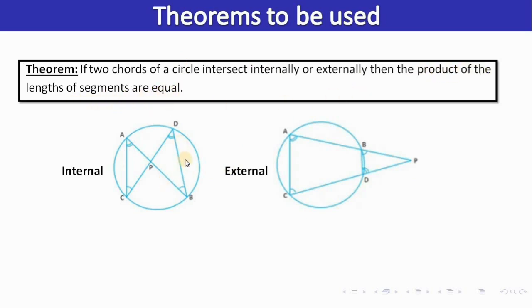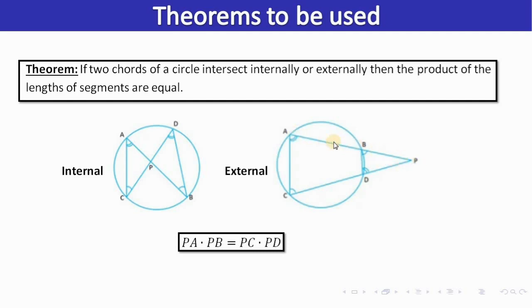In such a case, according to the theorem, the product of the lengths of the segments are equal. What is the meaning of this? In the chord AB, due to the point of intersection, the chord is divided into two segments, AP and PB. Similarly, the other chord gives two segments.